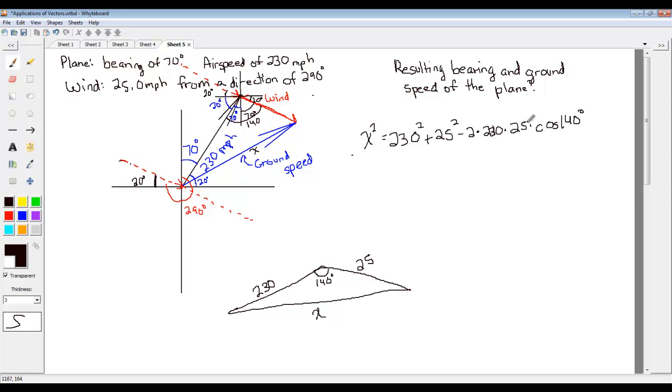Put that in, you get x squared equals 62,334.5111. Do the square root, and you get x is 249.6688. So basically, that ground speed, x, is around 250 miles per hour. All right, that's the ground speed.